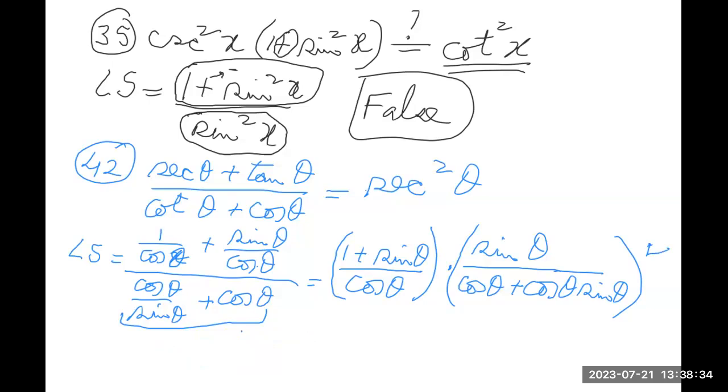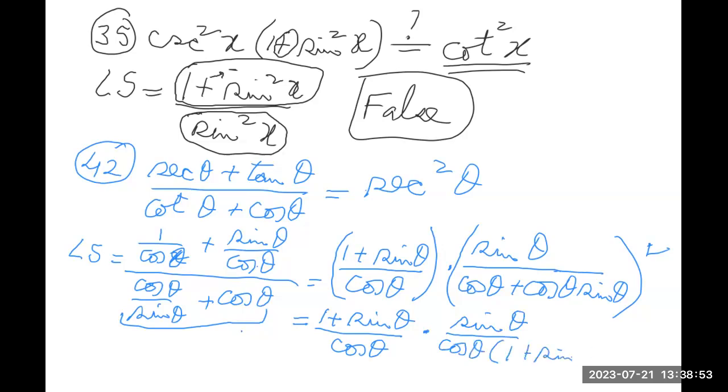So that's 1 plus sine theta over cosine theta times, I'm going to factor out the cosine theta here. Which leaves us with a 1 plus sine theta in parentheses.